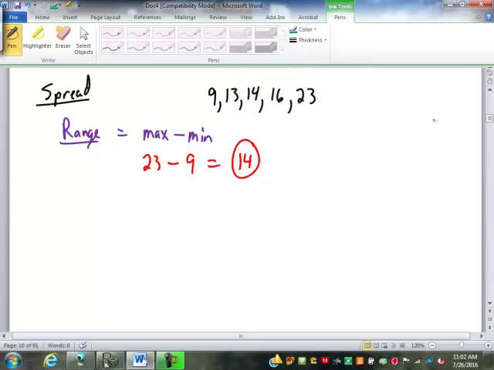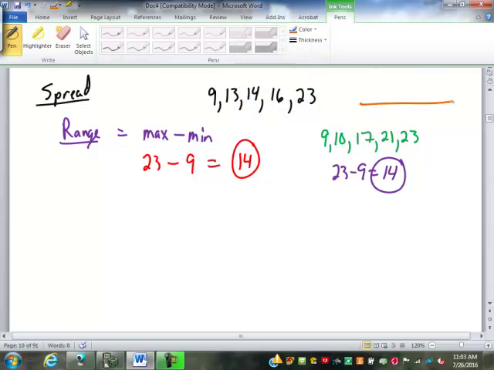However, it is very, very possible to have two sets of numbers with the same range that have different spreads. What's the range of that set of numbers? Yeah, 23 minus 9 gives us 14. The exact same range. But would you say they're the same amount of spread out?